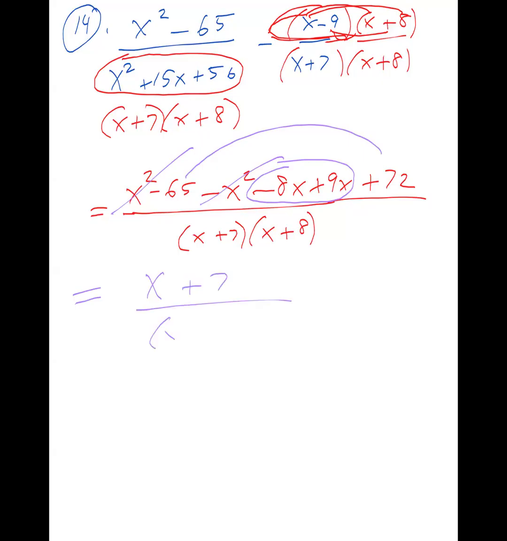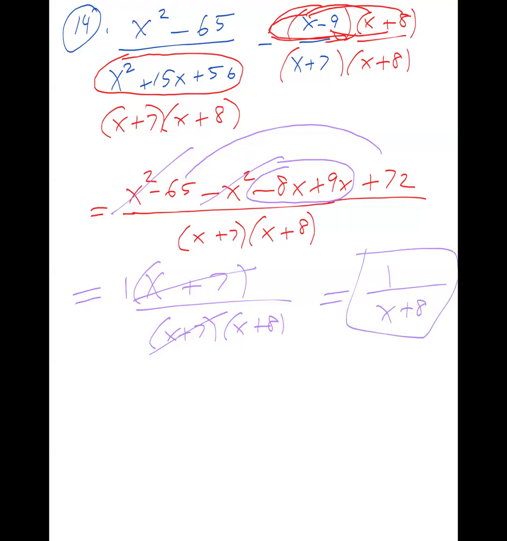And in the bottom, we have x plus 7 times x plus 8. So wait, now the top of it's not really factored, but I could factor it out by putting an invisible 1 at the front. So it's like x plus 7 can be factored into 1 times x plus 7. Now what can I do? Now I can cross out the common factors, and I can get 1 left over x plus 8, like that.